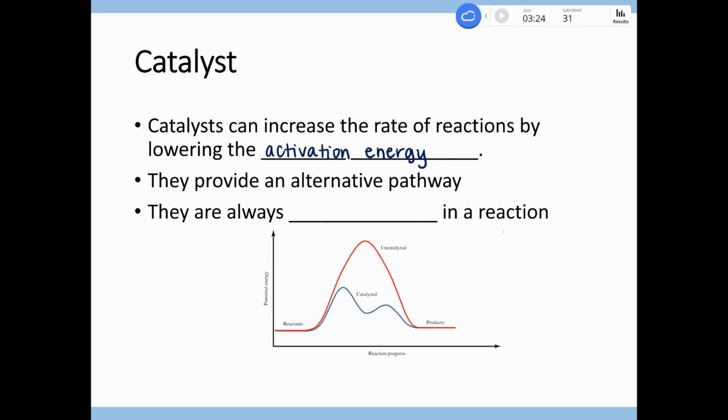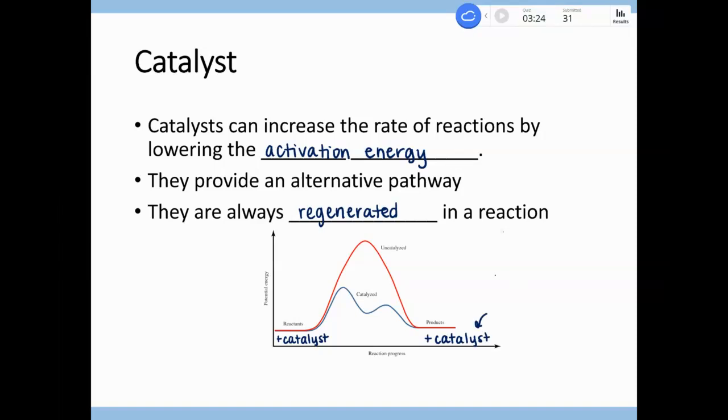Catalysts are always regenerated in a reaction. So for the catalyzed reaction coordinate diagram here, we have the reactants, which includes the catalyst. The catalyst and the reactants react together. They go through these two steps, and then we produce the products of the reaction, and the catalyst is regenerated.